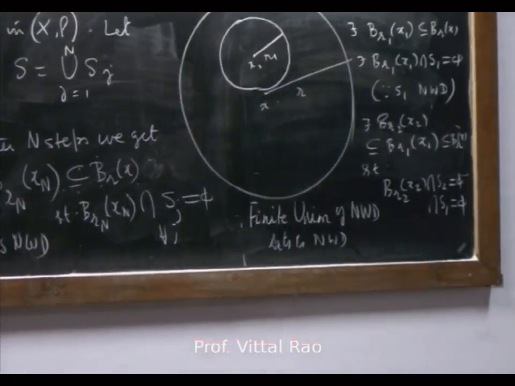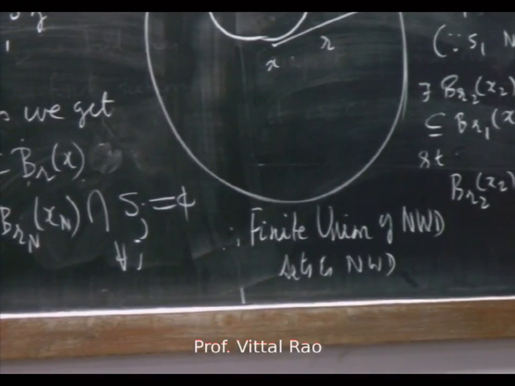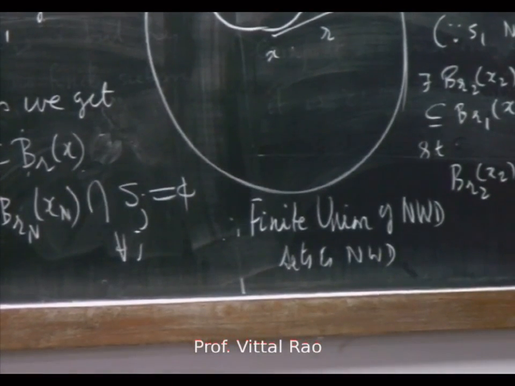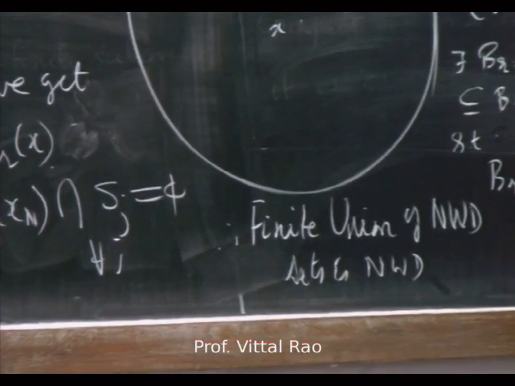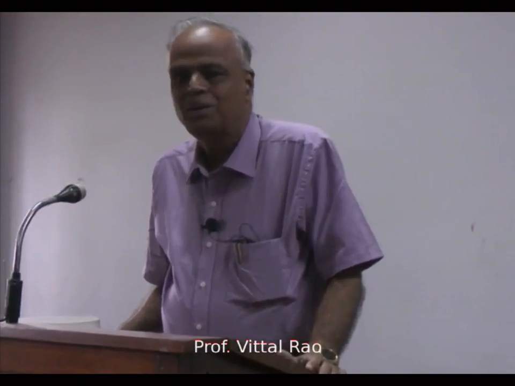And therefore, we now look at what we can get when we put the next level of union. After finite it is countably infinite. If I now take a countably infinite union of nowhere dense sets, the rational numbers already tell you that you are going to go out of the nowhere dense setting.